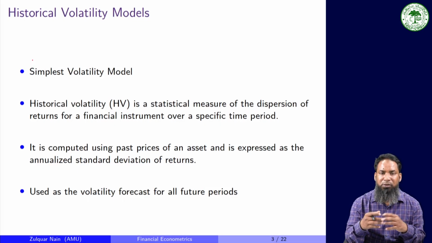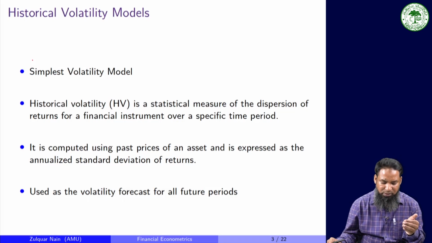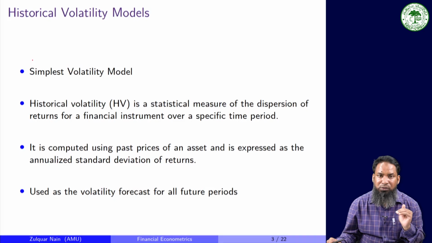It is computed using the past prices of an asset and is expressed as the annualized standard deviation of the returns. Here we use the historical volatility as the volatility forecast for all future periods.